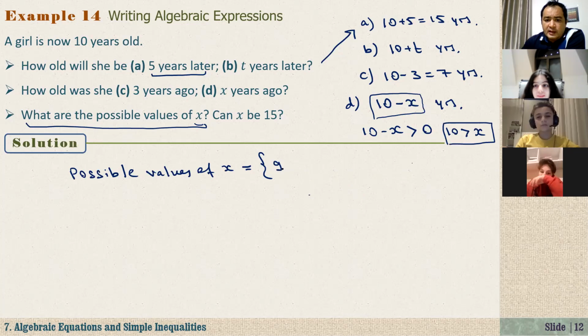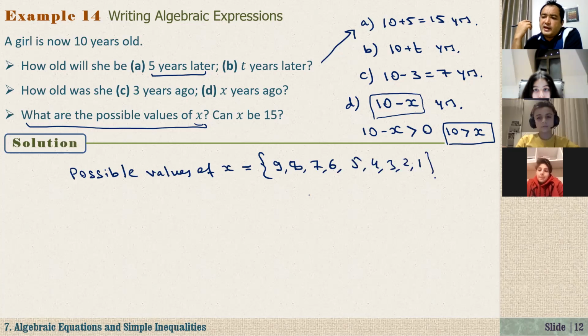So if we are talking about the past, it should be at least 1 and at maximum 9. Because when you say X years ago, we don't mean 0 years ago. It should be at least 1 year ago, 2 years ago. So these are the possible values of X.